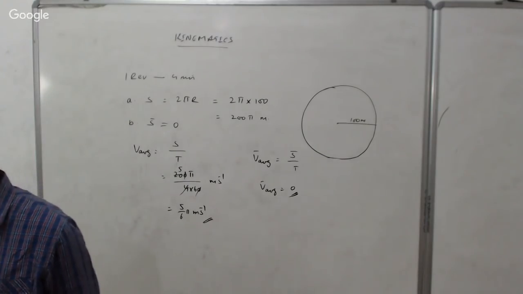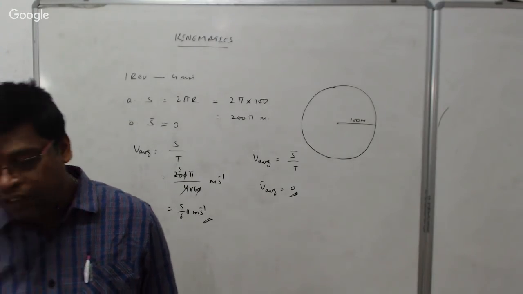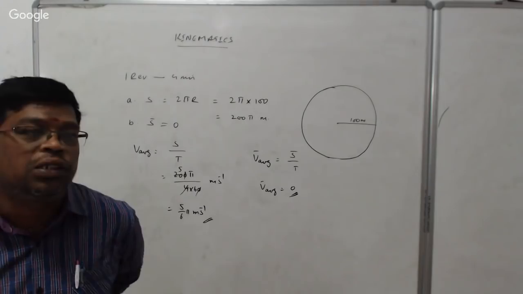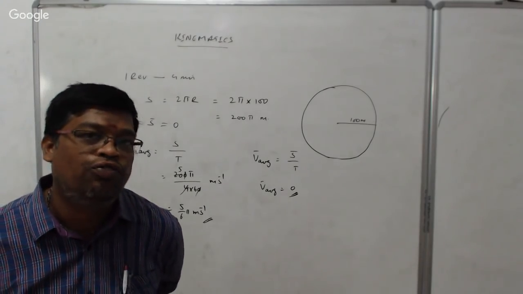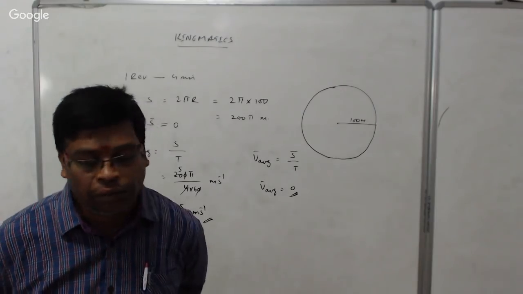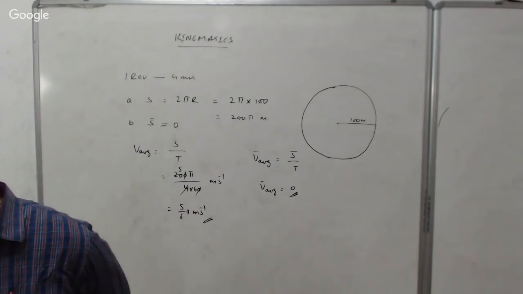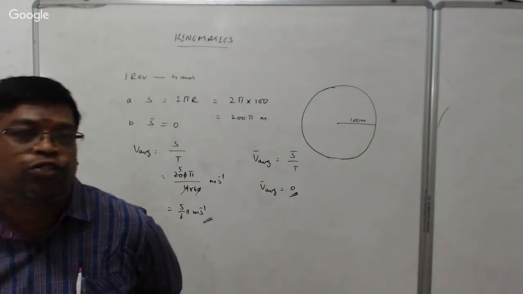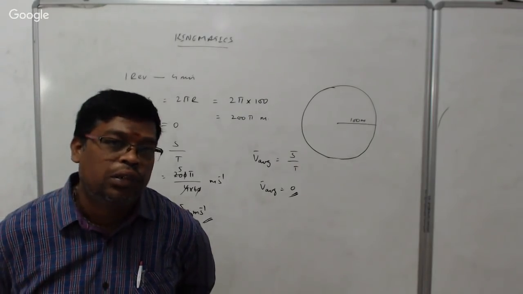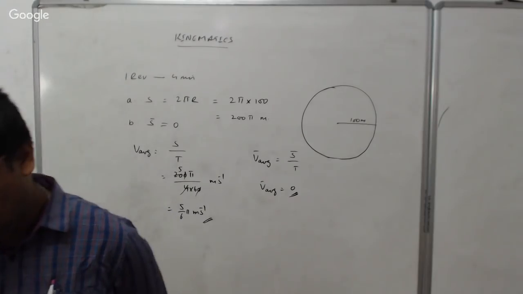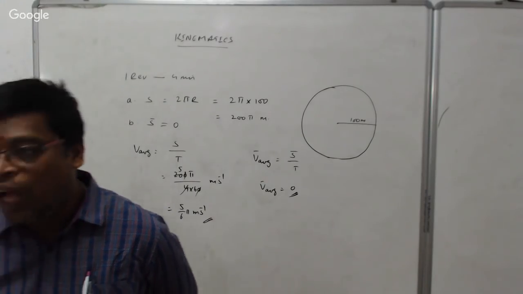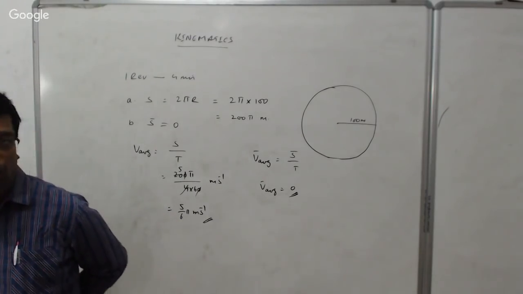Once again, a car covers the first half of the distance between two places with a speed 40 kilometers per hour. And the second half at 60 kilometers per hour. What is the average speed of the car?